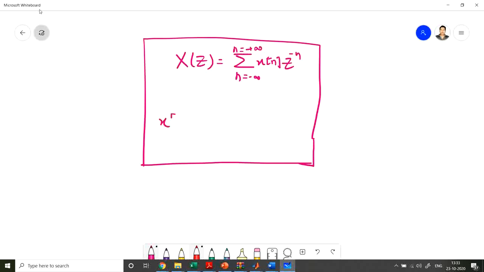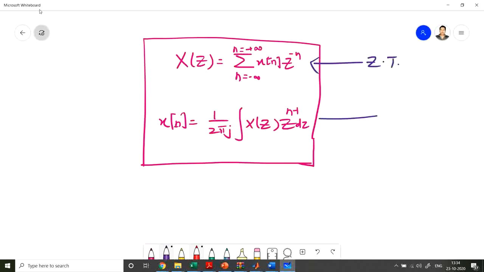And if you want to find the inverse z transform, it is equal to 1 divided by 2 pi j, the integration of X(z) z raised to the power n minus 1 dz. So this is your z transform and this is your inverse z transform. In this way you can find the inverse z transform.